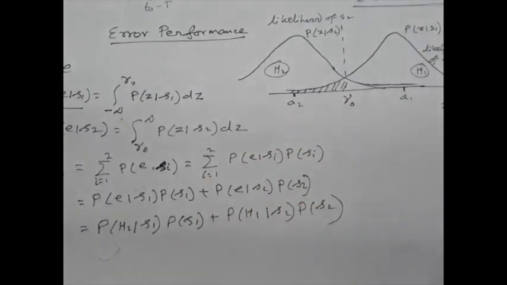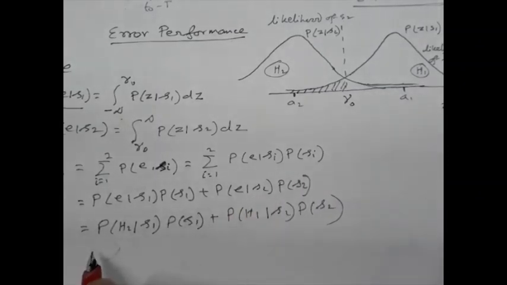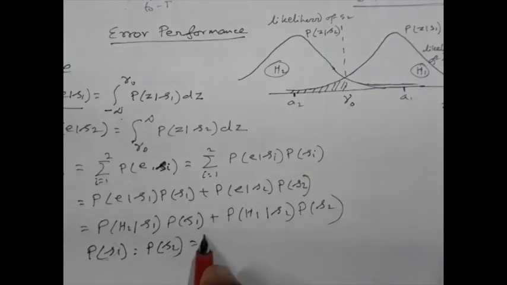So the case where the a priori probabilities are equal is the simplest situation. P(S1) equal to P(S2). The two probabilities are equal, that is equal to half, same probability in a binary system.